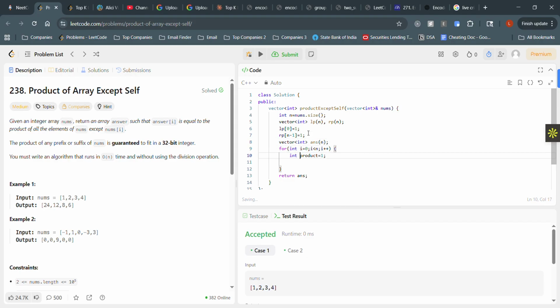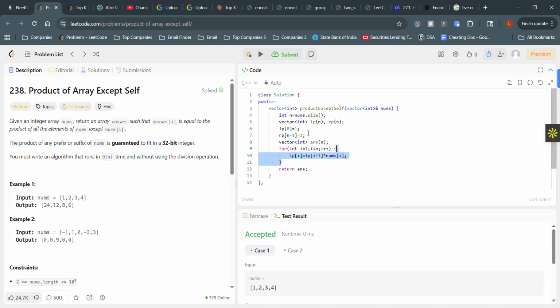Okay, so now let's fill our left and right product. The left product of a certain index i will be equal to left product of i minus 1 times the number itself, which is nums of i.